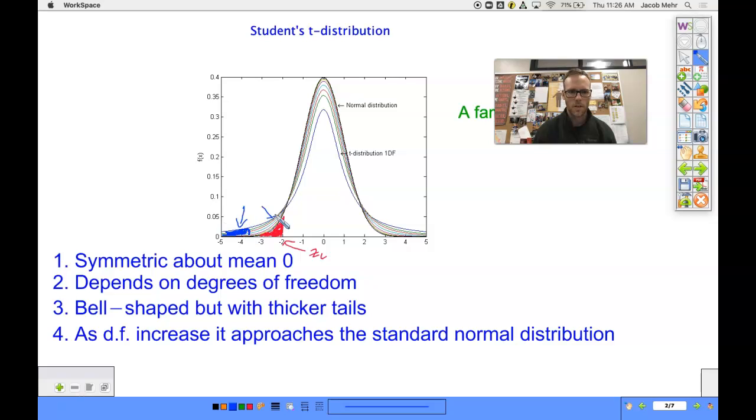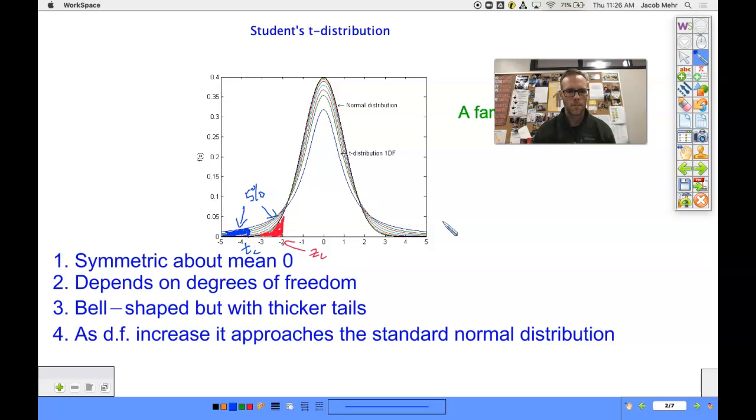So they're both 5%. And we make it wider because if we don't know the population standard deviation, we can be less certain about how good our interval is. And so from here, we get that critical t-score instead.